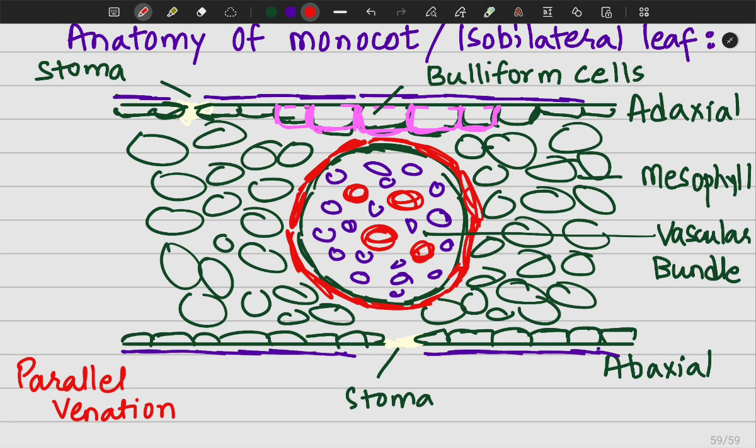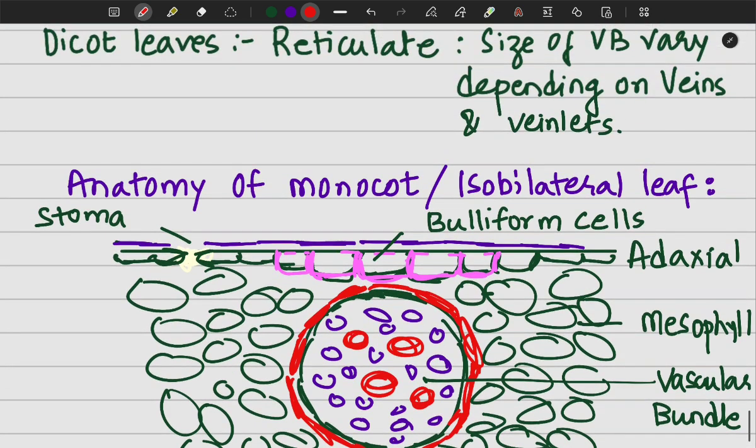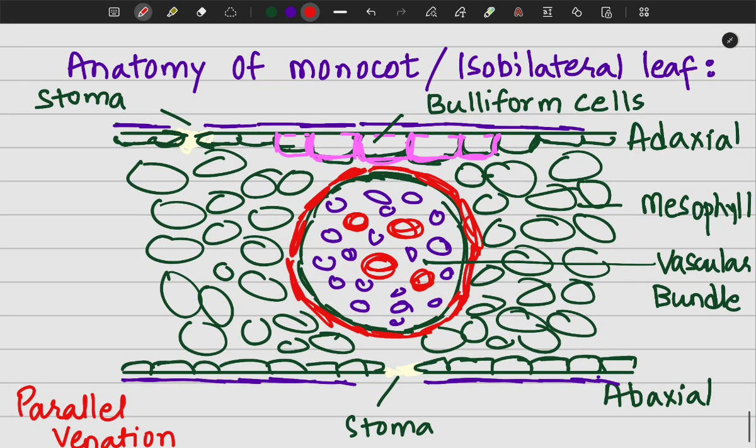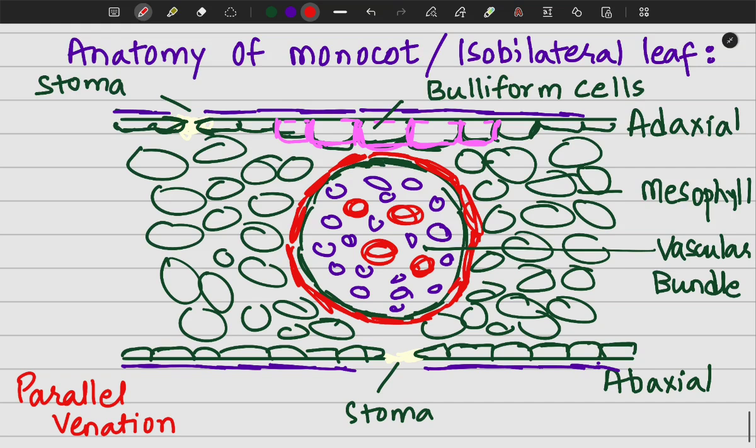Leaving the main vein, all the other small veins and veinlets are of equally similar size, and therefore the size of the vascular bundle is almost similar in case of monocot leaves. Whereas in case of dicot we saw that because of the reticulate venation, the size of the veins and veinlets vary, and therefore the size of the vascular bundle vary. Whereas in case of monocots, the size is almost similar.